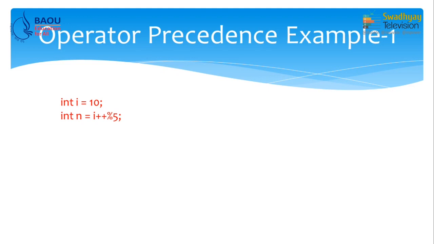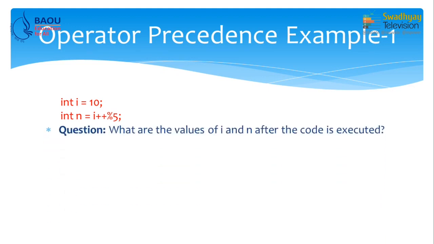So, we know that i++ will be evaluated first, and then we apply modulo 5. So, we want to know what are the values of i and n after the code is executed. You might think what will be the answer. i will be set to 11 because we have incremented the value of i by 1, but n is assigned 0.